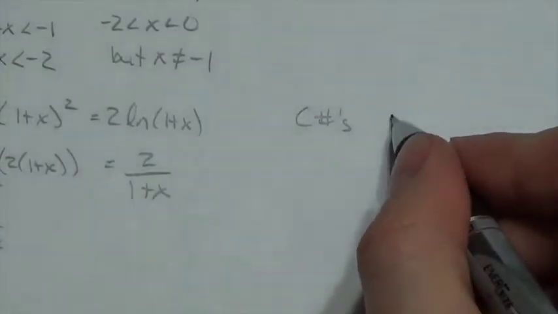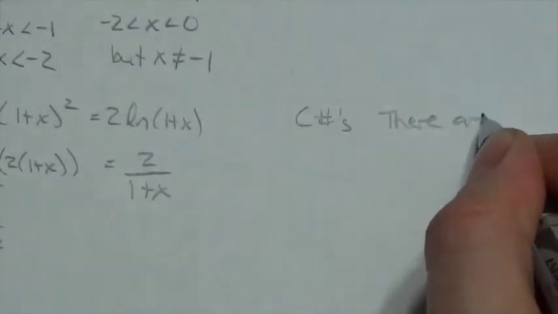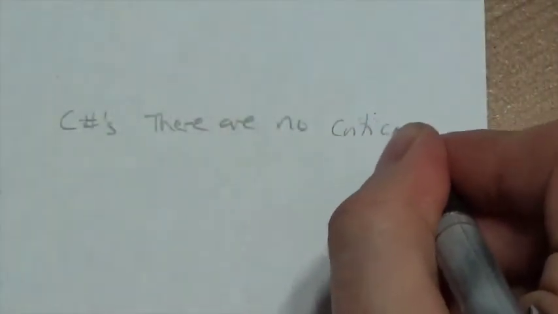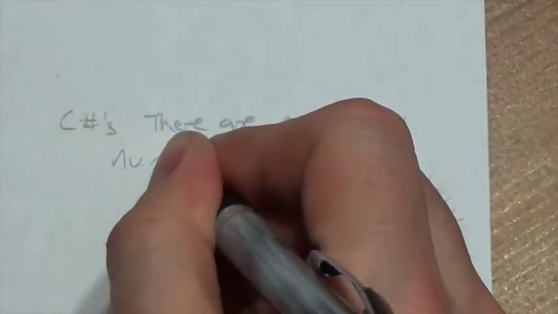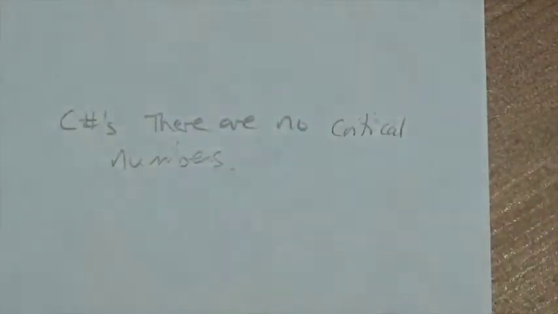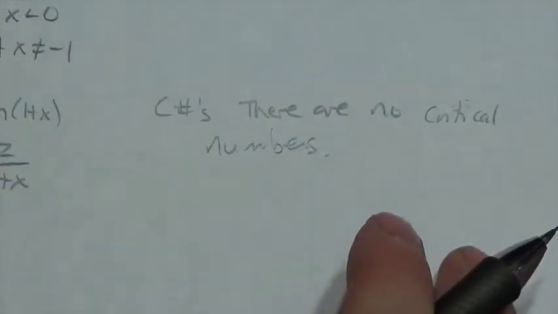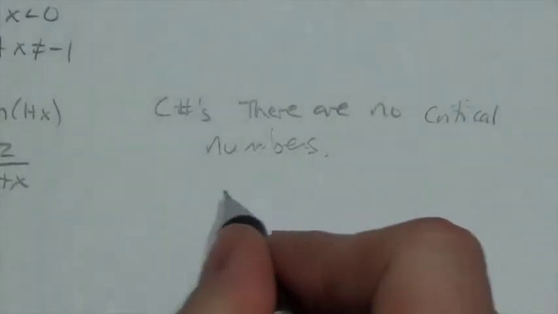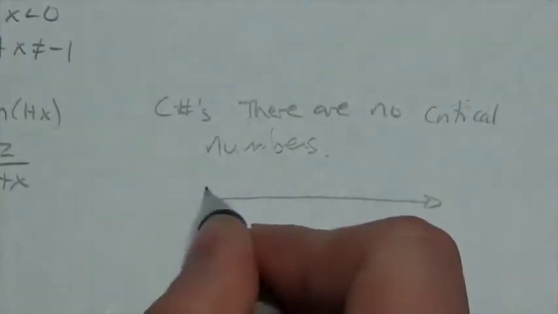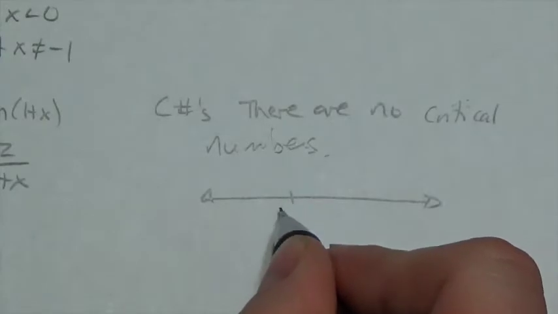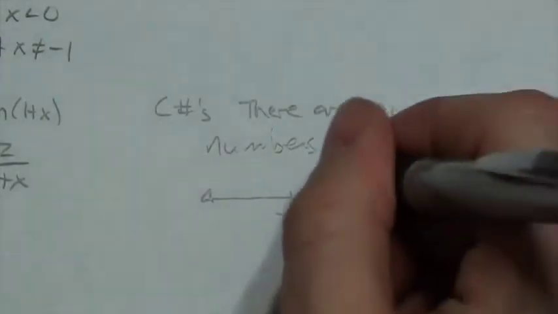So there are no critical numbers, which is basically a way of saying there are no local max or min values here. Okay. However, when I investigate the intervals of increasing and decreasing, bear in mind that there was a spot here where the graph was undefined.